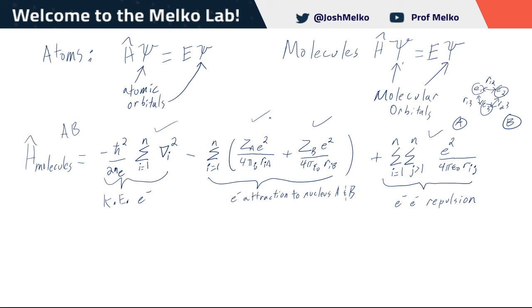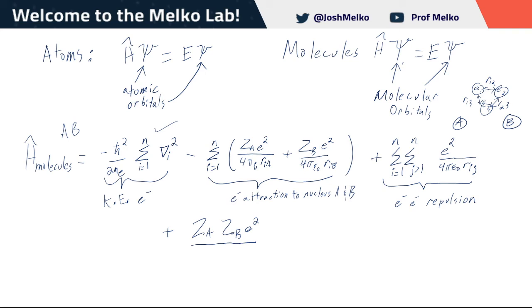Okay, so these terms right here that I'll outline shortly will be all potential. This first one is kinetic, but this last potential one is the nuclear repulsion between nucleus A and nucleus B. There's still E, the elementary charge, but now I have the nuclear charge of A and the nuclear charge of B, because if it's lithium, you have to have a 3.